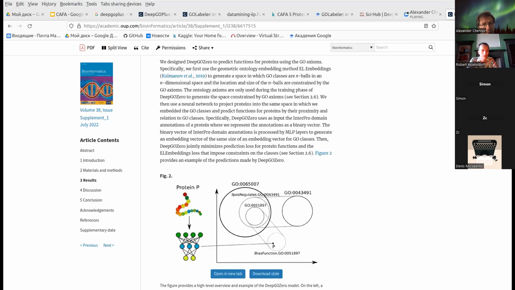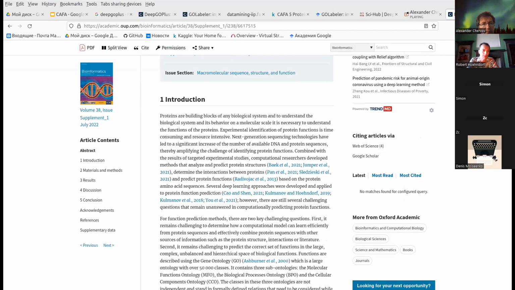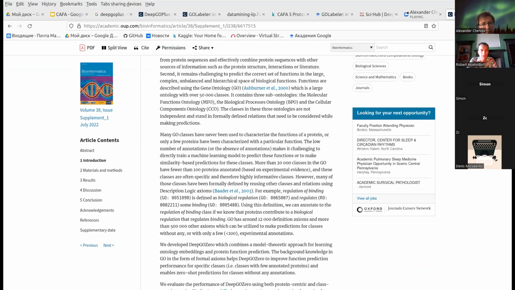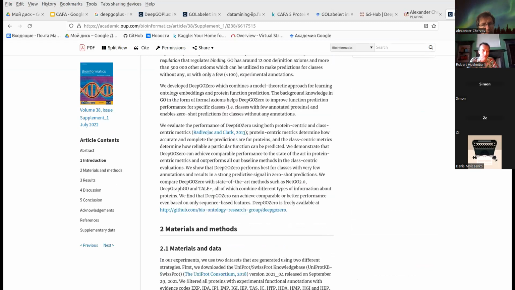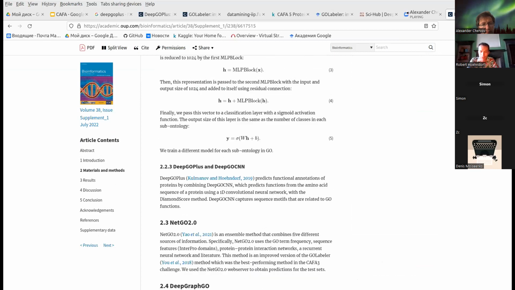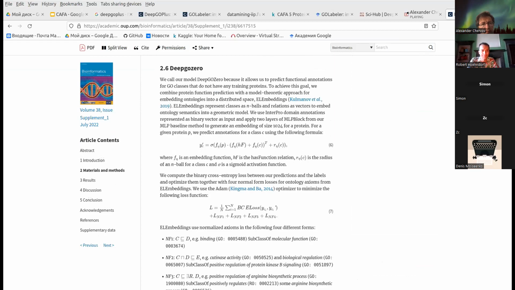But it does not work so well for CAFA, because many of the proteins that are used for evaluation are actually quite similar to some of the proteins that we already know the functions for. So there is a bit of trial and error needed to get this to work. Okay, thank you.